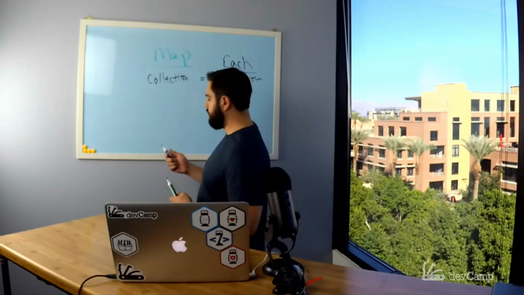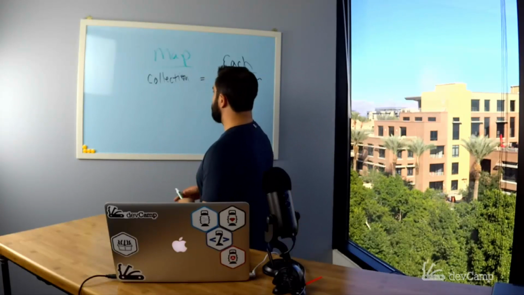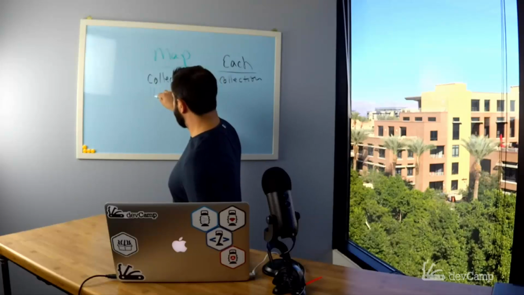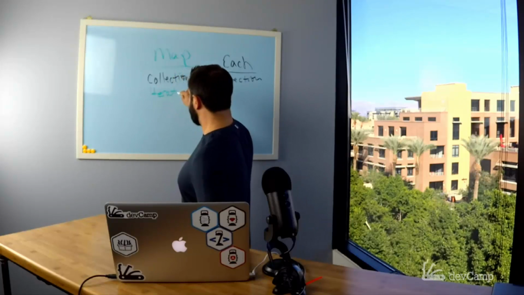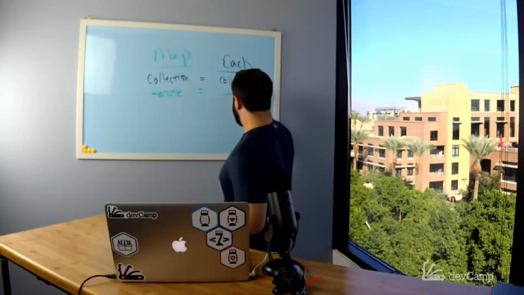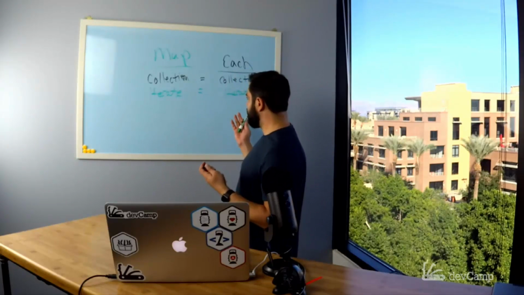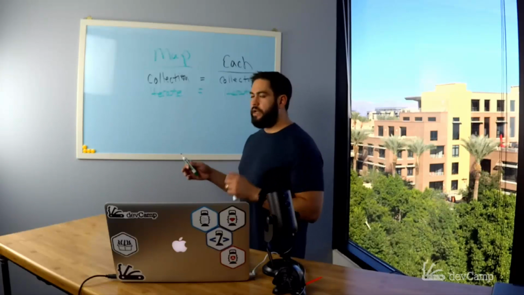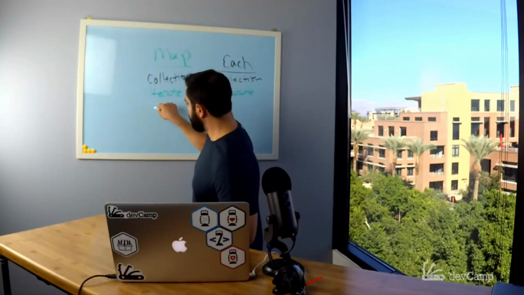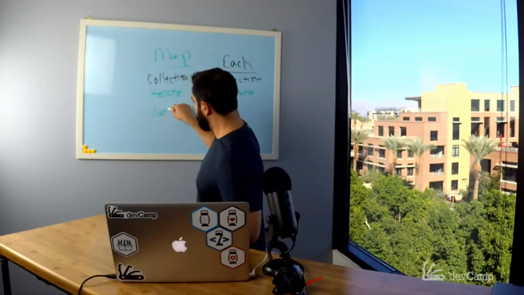Both of these are exactly the same. Next, you iterate over the collection. So both of these, you're going to iterate over. Same thing on both of them. Now, the difference is all in the return value.